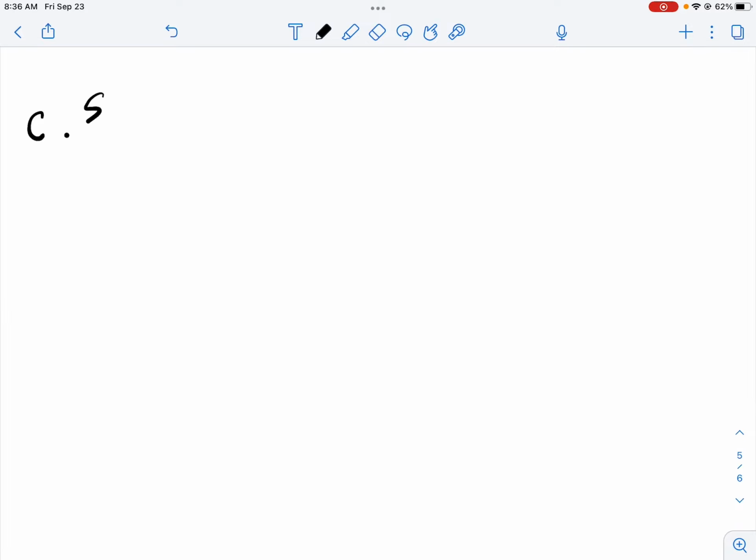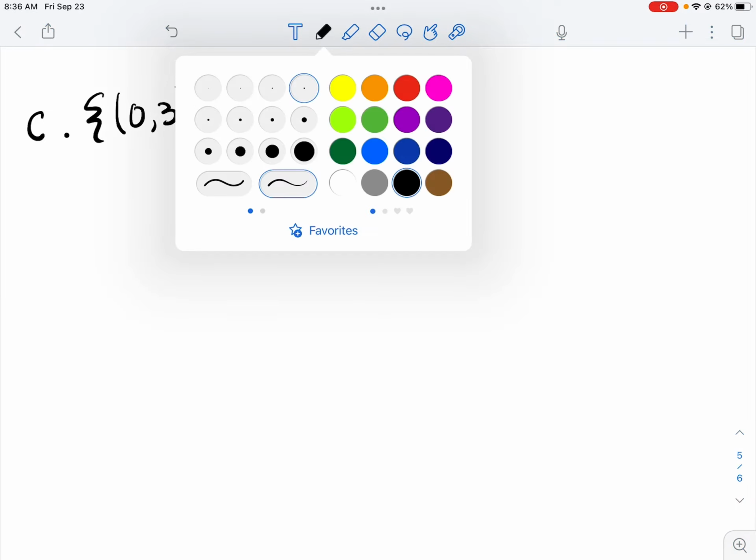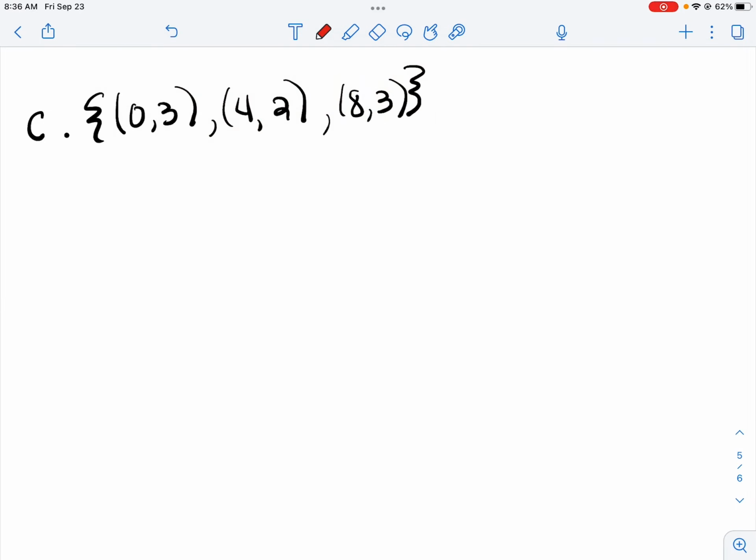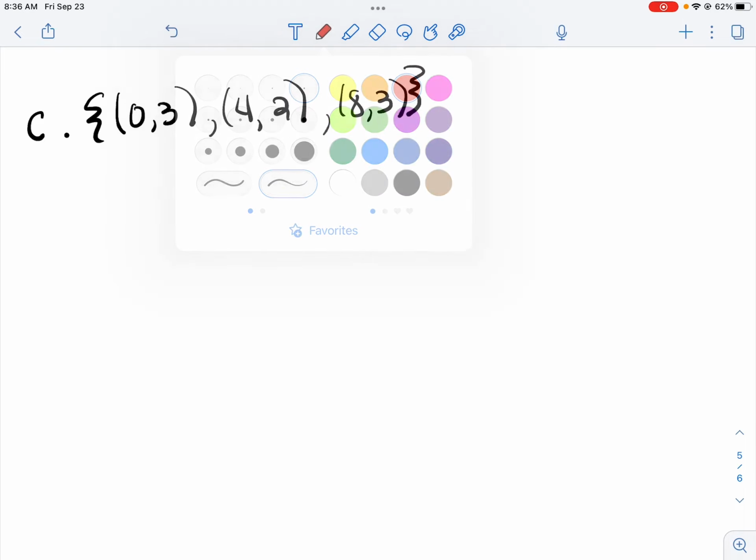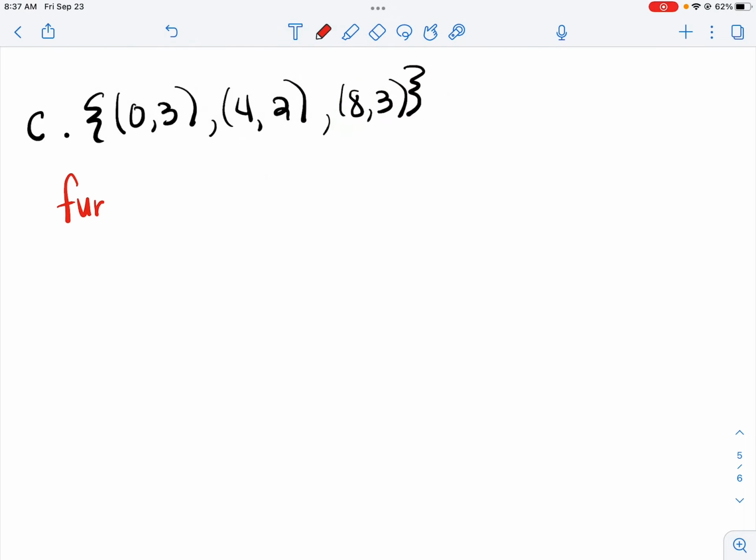In part C, we have a list of points. When I have a list of points, I want to make sure that no x is repeated. And so this one is a function because no x value is repeated.